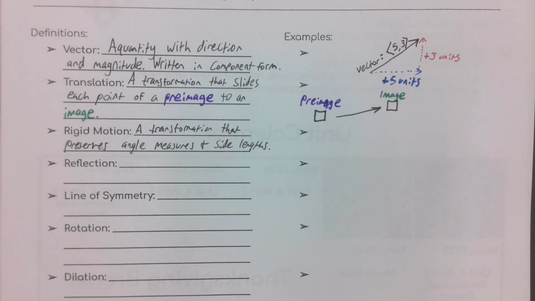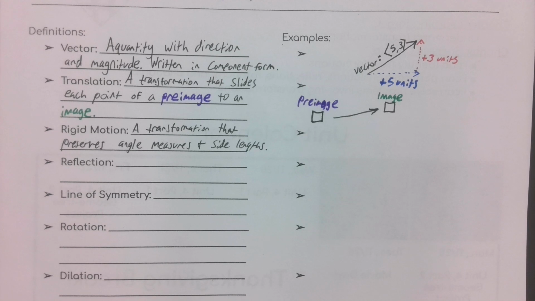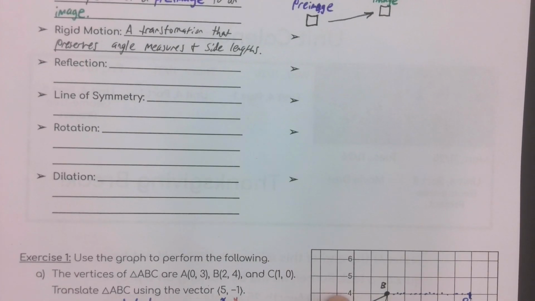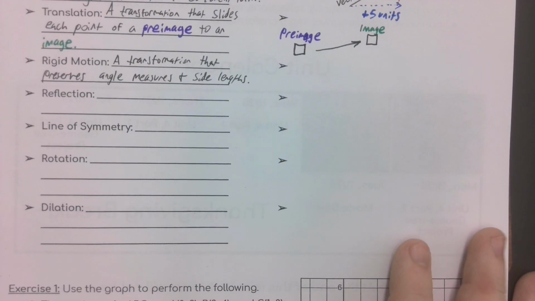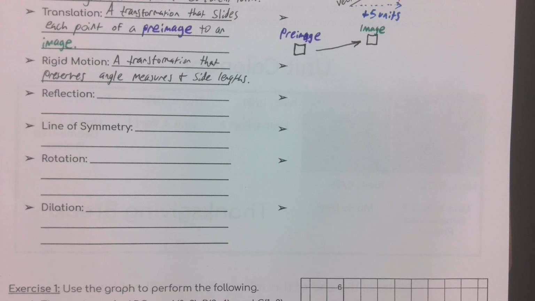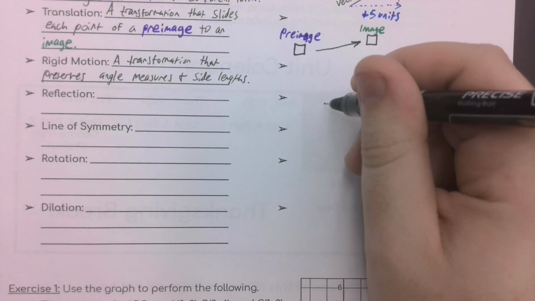It's a transformation that preserves angle measures and side lengths. So overall, any motion that doesn't change the shape is going to be called a rigid motion. One such case of a rigid motion is something called a reflection. And when you think of a reflection, we usually think of a mirror image.